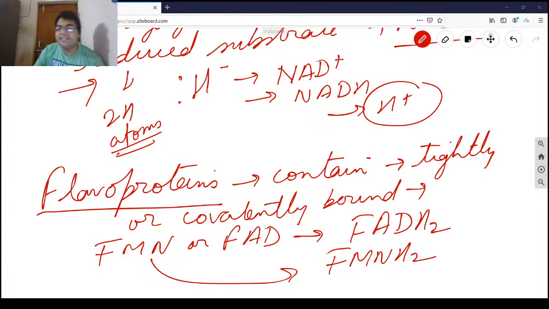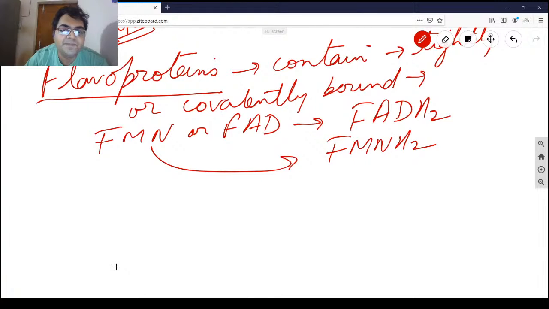Prosthetic group means inorganic groups. So I'll make it very easy for you. There are three types of electron transfers which occur in oxidative phosphorylation. Just know that, three types of electron transfers.